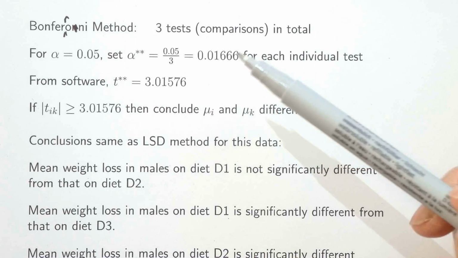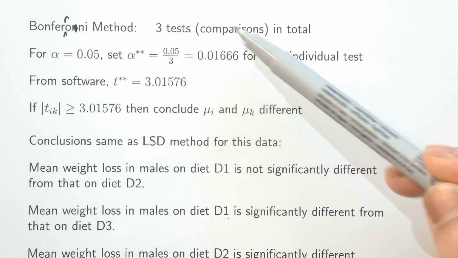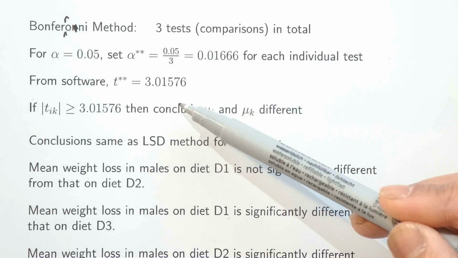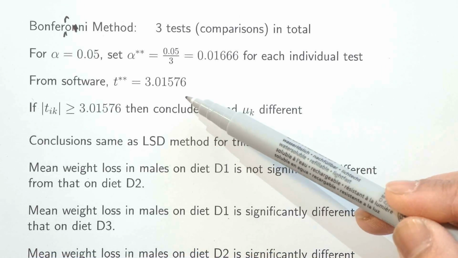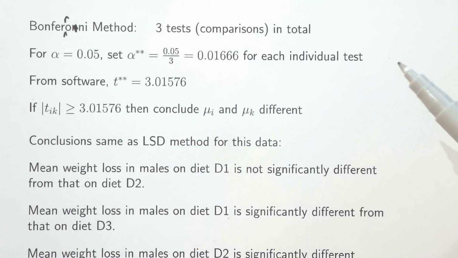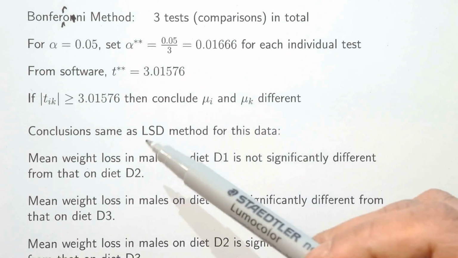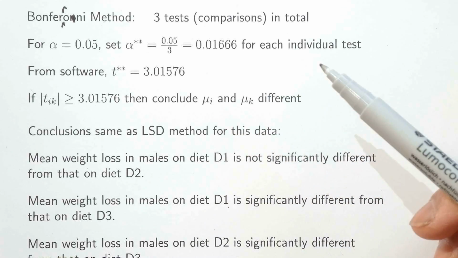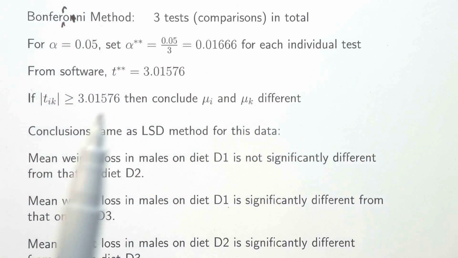This is a hard value to look up in our tables, so we use software, which gives us T star star equal to 3.01576.